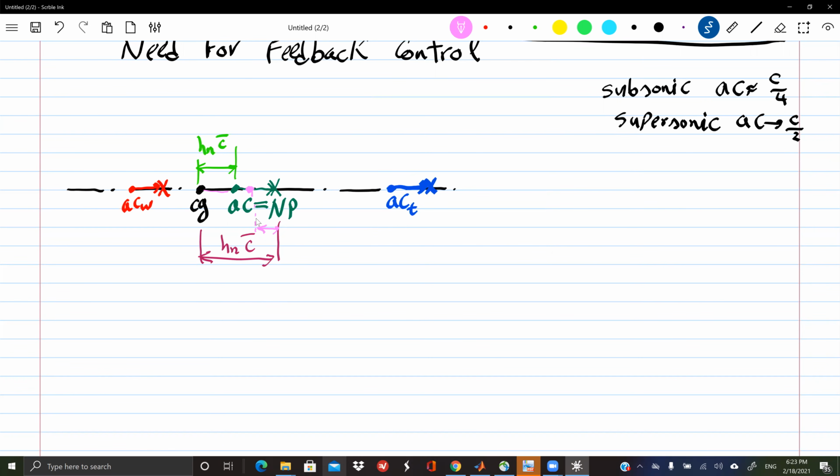But this means that in the subsonic regime, it is unstable. And it's a typical scenario. F-16 is really unstable in the subsonic regime. It's too unstable, actually.